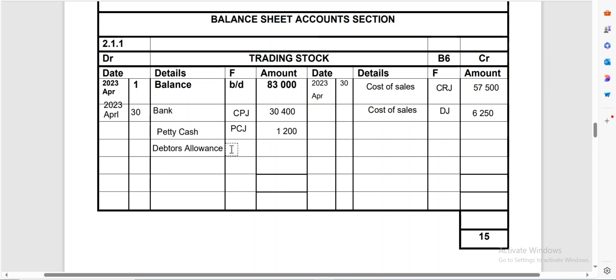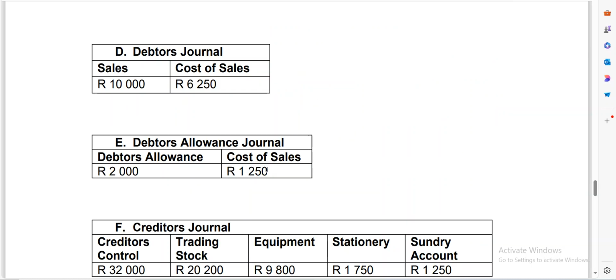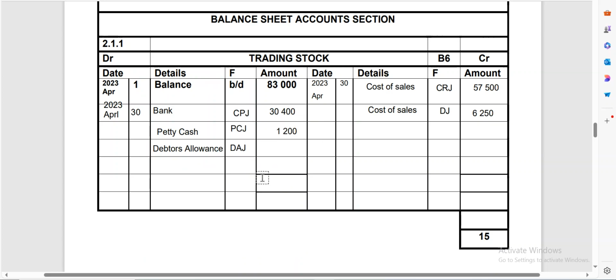Why am I seeing this? I saw this in the subsidiary journal called DAJ. Now, what is the cost of sales for these goods that were brought back? It's 1,250. So I'll write that 1,250 here.